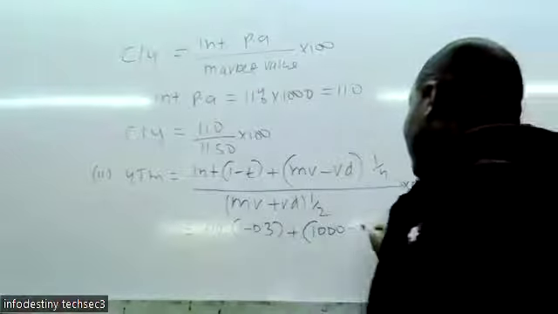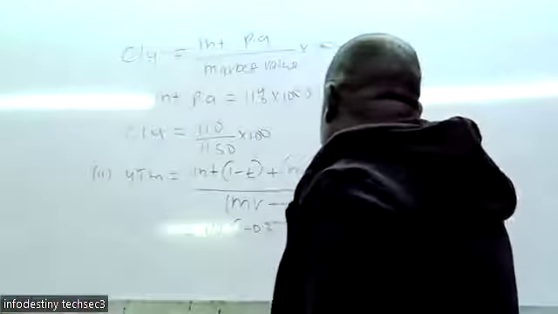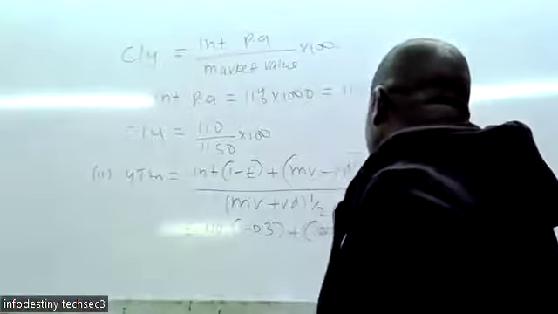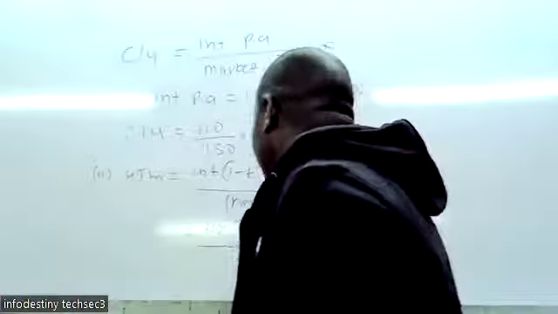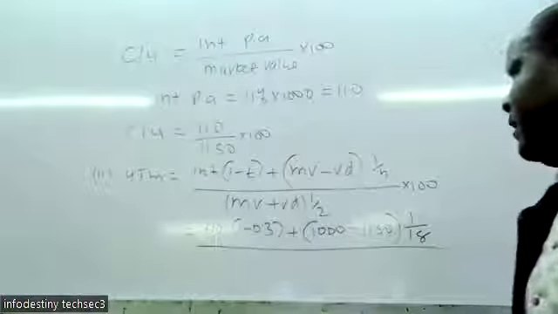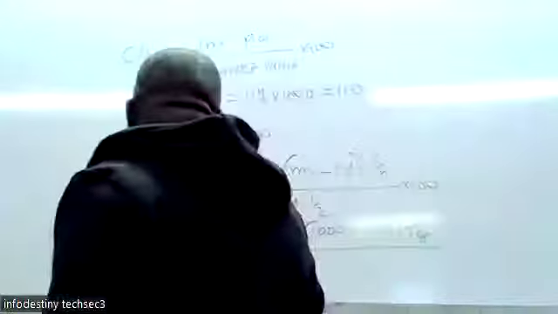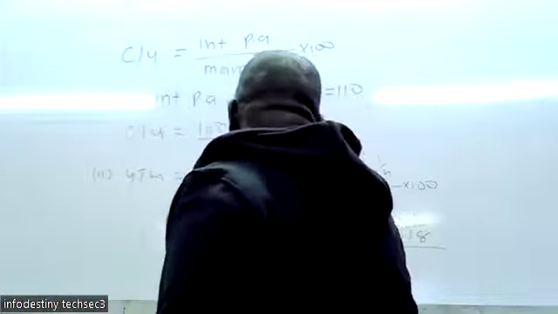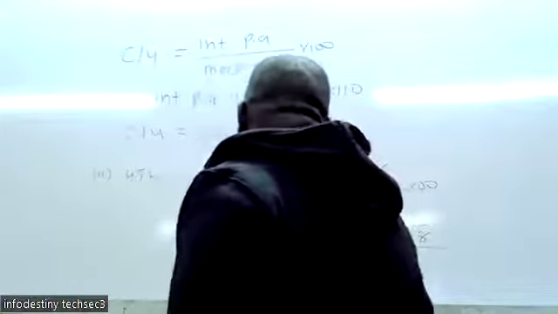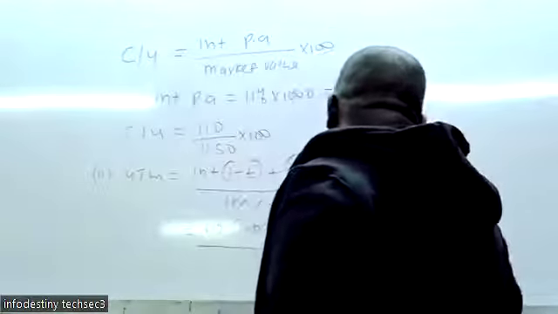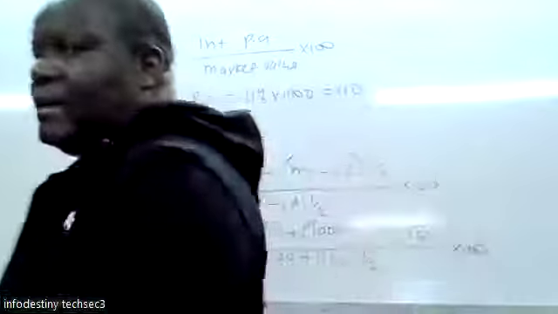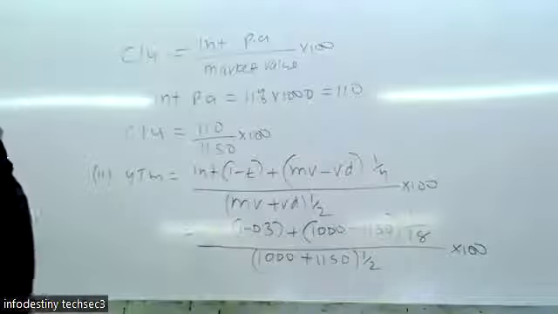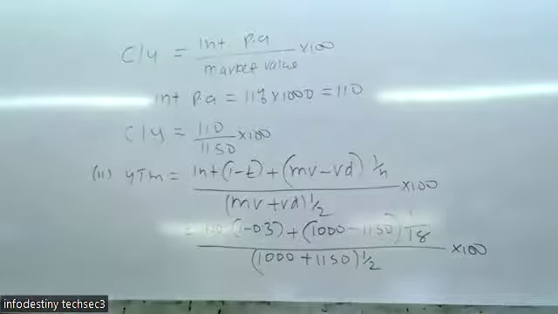Current market value, we know 1150. n is also 18 years. So also divide by 1,000 plus 1150, then multiply by a half. Express it as a percentage. So get that figure as our yield to maturity.